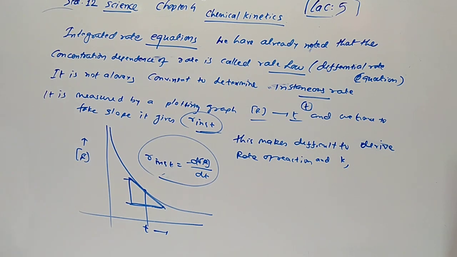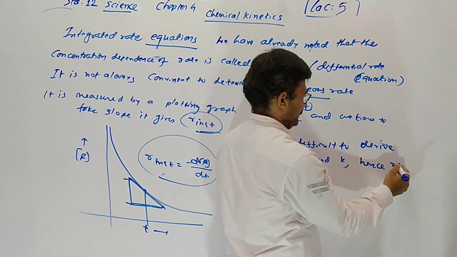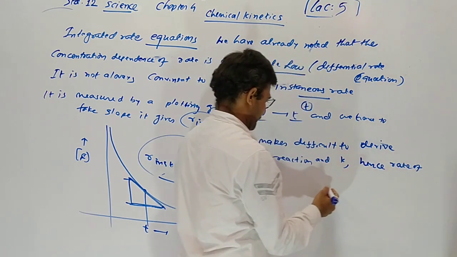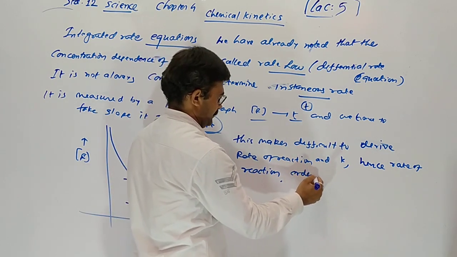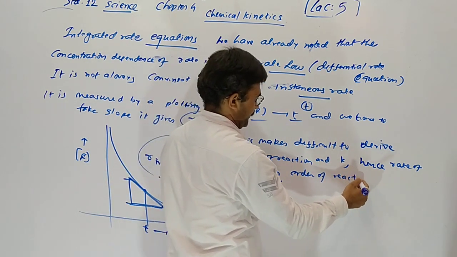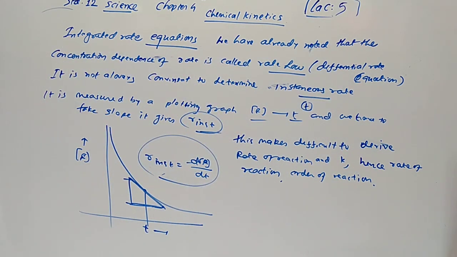It is very difficult. Rate law, hence order of the reaction, K, hence rate of reaction, order of reaction, we can't derive satisfactorily from the graph.